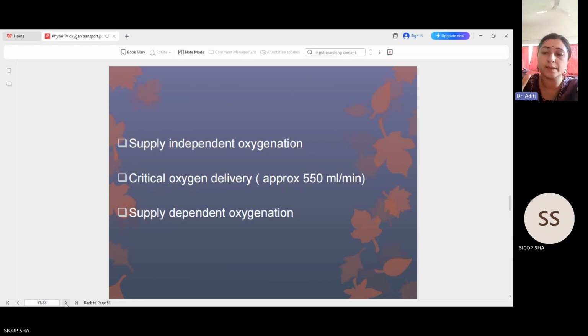When the oxygen delivery falls below the critical level, around 550 ml per minute, tissues transition to a supply dependent state, meaning their oxygen consumption becomes directly limited by the amount of oxygen available. This is seen in severe cases of shock or critical illnesses like ARDS, where blood flow is significantly reduced and tissues become supply dependent, leading to tissue hypoxia. Next slide.